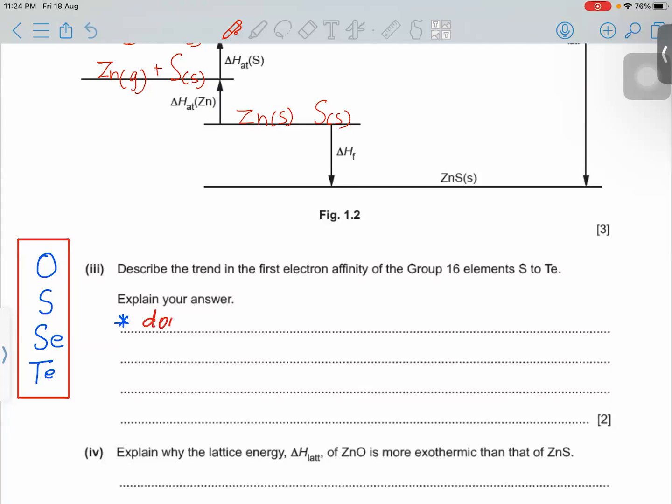So down the group, shell increases, shielding increases. Point number one.